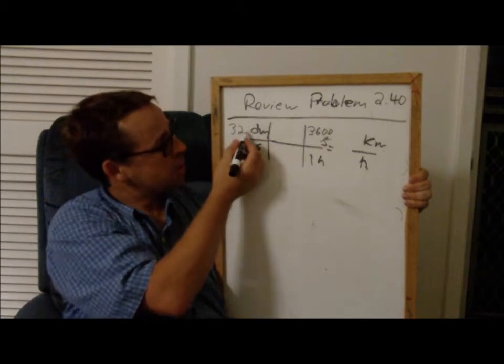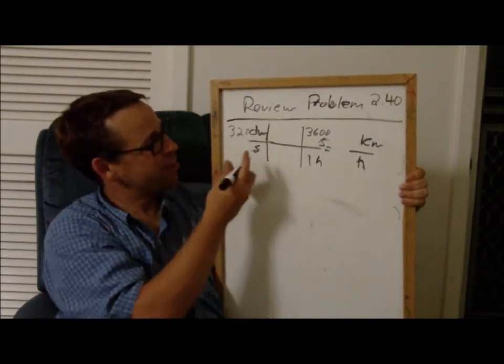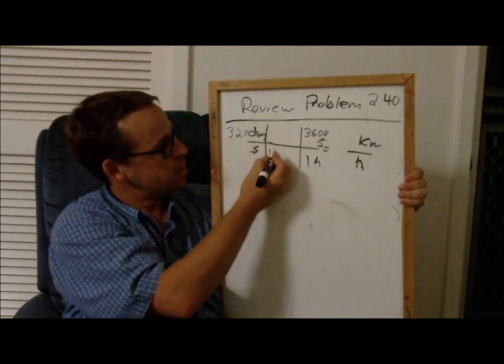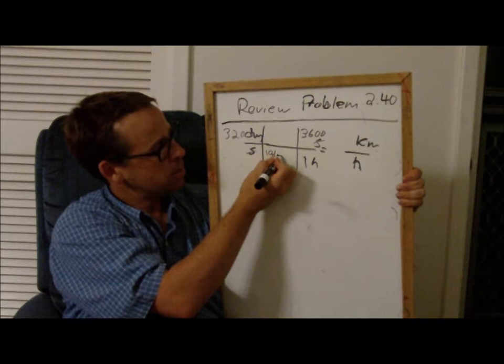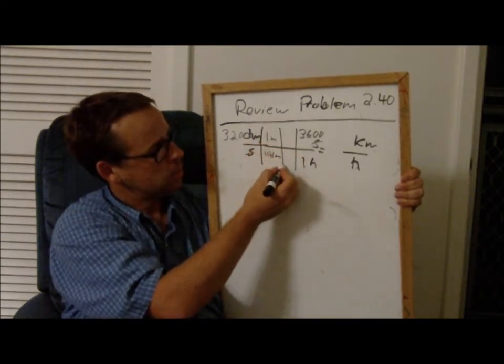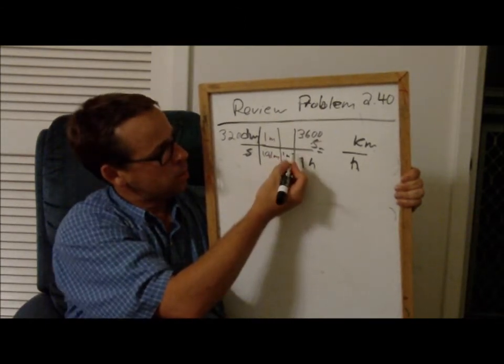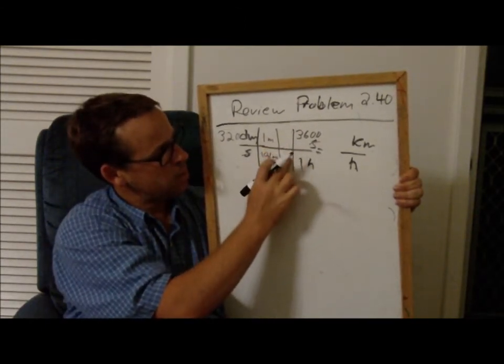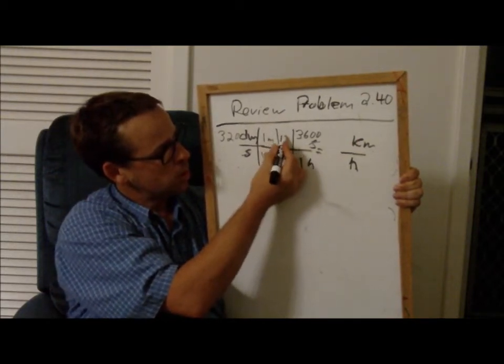For every 10 decimeters, there's 1 meter, and for every 1,000 meters, there's 1 kilometer.